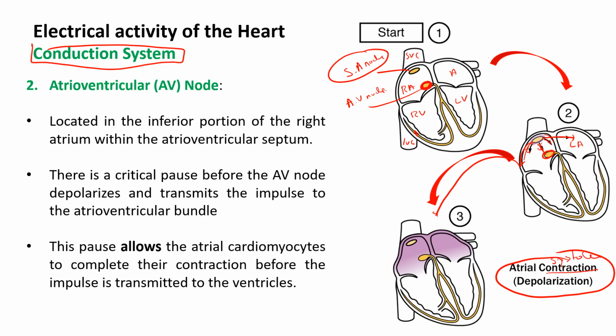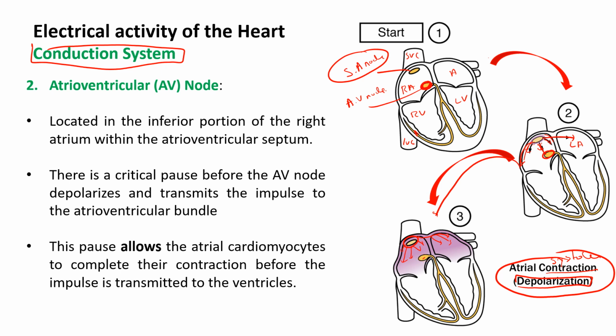And then the term that you need to get familiar with, when a cell depolarizes, when the action potential reaches it, that is what we call depolarization. So activation of the SA node will do two things. It will depolarize all the myocardiocytes in the right and left atrium, and at the same time it is going to activate the AV node. But the AV node takes a little bit of time before the action potential is spread to the rest.